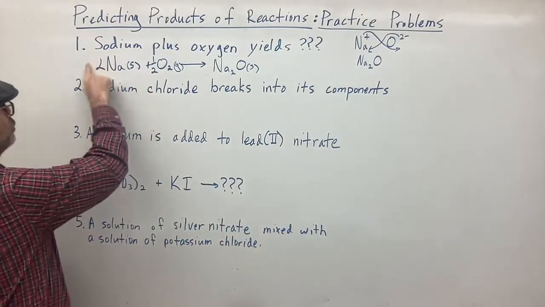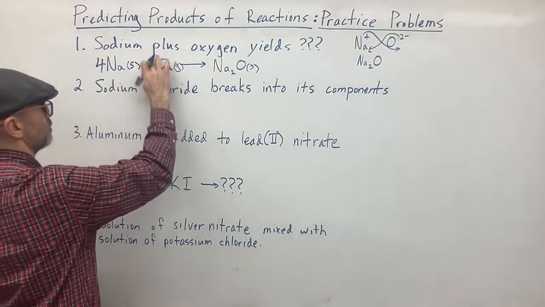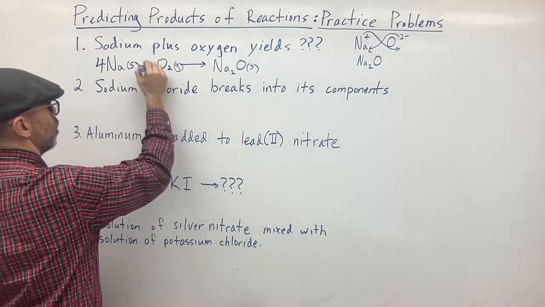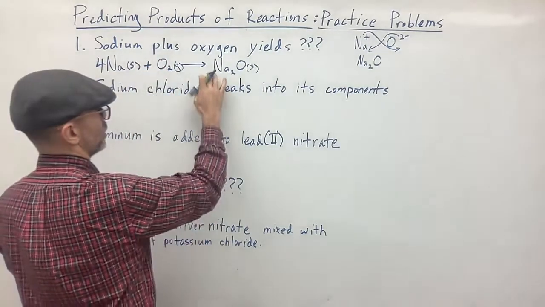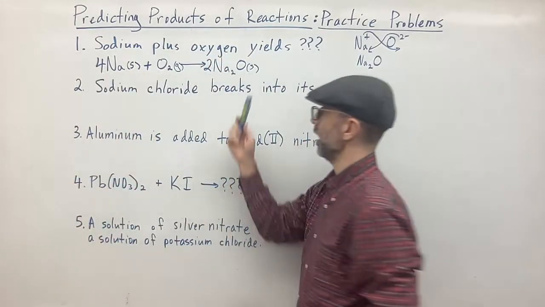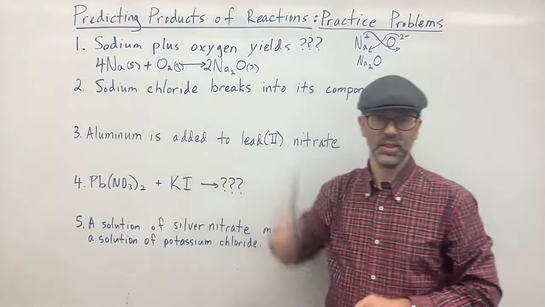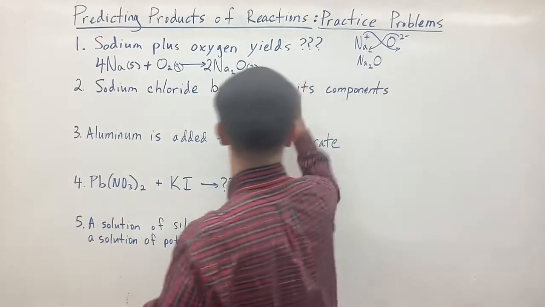So 2 times 2 is 4. 1/2 times 2 is 1. You don't write the ones. And then 1 times 2 is 2. So now we have our balanced chemical equation. And so again, this is going to be combustion.